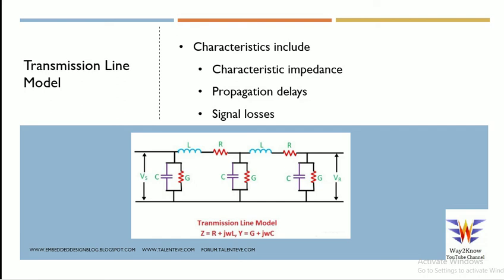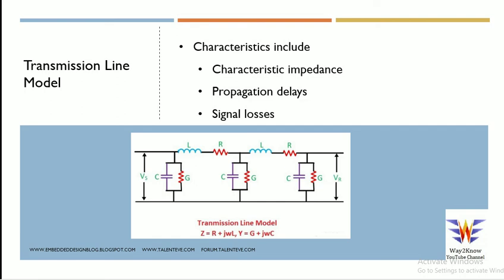Along with this, because these have several passive circuits associated, and the signal has to travel from one point to another, there will be propagation delay, which is the time taken for the signal to travel from one point to another. And then because again we have passive elements here, definitely there will be losses associated. So there will be several losses in this particular transmission line model.